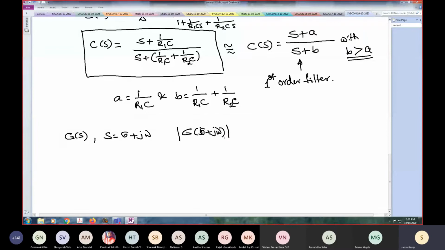In this case, we will write the magnitude of the numerator, sigma plus j omega, by the magnitude of the denominator, sigma plus j omega. That's what we do. So for this case, for the filter, let the input be purely sinusoidal.